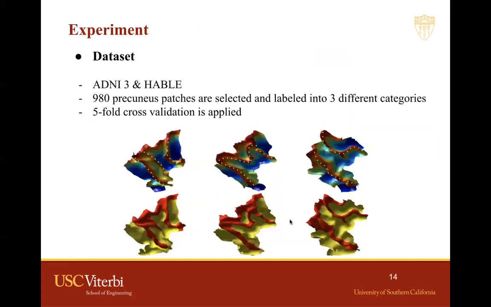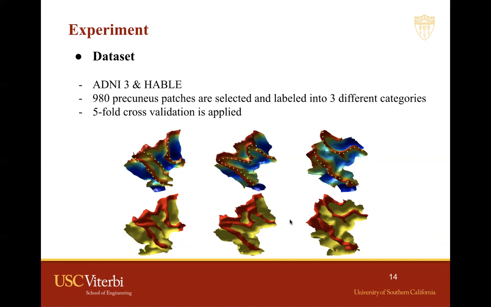Now I will introduce the experiments. We conduct experiments on 2 widely used datasets, ADNI3 and HABLE. As shown below, we first select and label 980 subjects inside these 2 datasets, which can be categorized into the 3 anatomical patterns shown before.